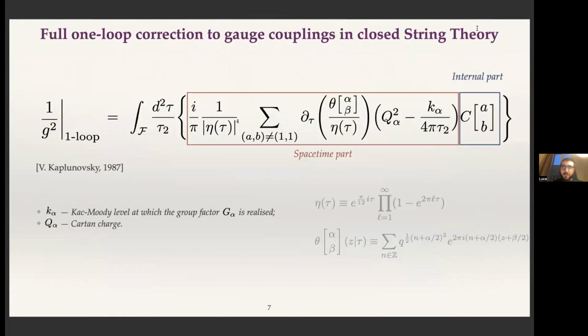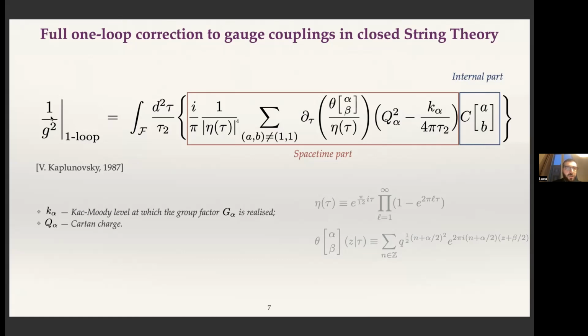So having explained that, we can talk about the full one-loop correction to the gauge couplings in closed string theory. This expression appeared in Kaplunovsky's seminal paper in 1987 in a slightly different way, and we will see why in a couple of slides.